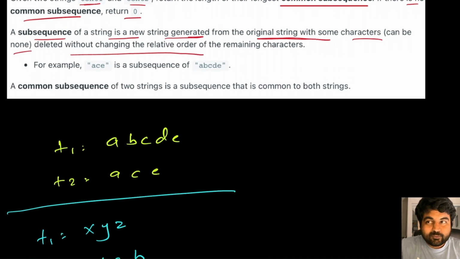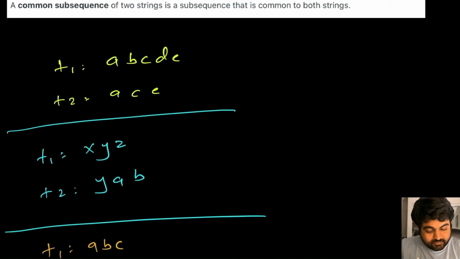Without getting too much into the details of the definition, let's understand what we are being asked to solve. We are given two strings, text1 and text2. Text1 currently has 5 characters, A, B, C, D, E, and text2 has 3 characters, A, C, and E. If from text1 we eliminate the characters B and D, we can create A, C, and E, and the relative order remains the same between both strings.